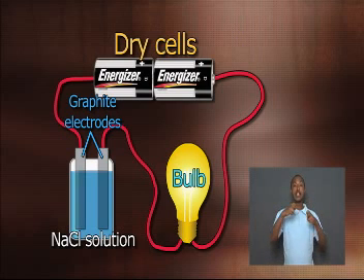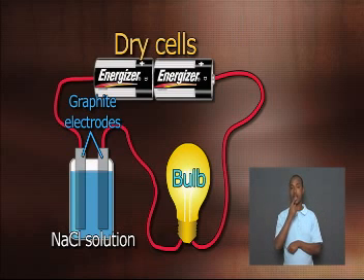The electrodes are connected to a bulb and a 6-volt battery, as you can see in this image. At this point, it can be observed that solid sodium chloride does not conduct electricity. The bulb remains unlit.